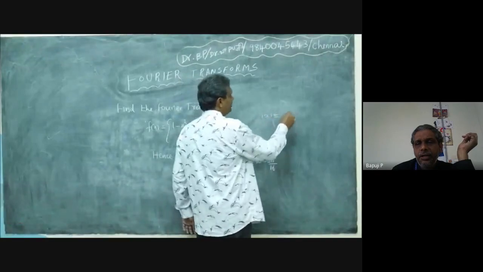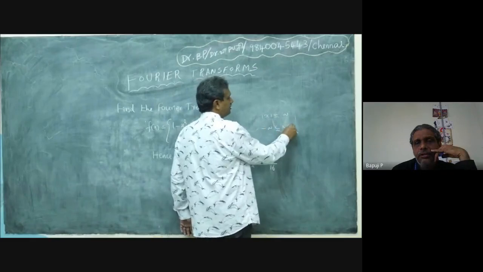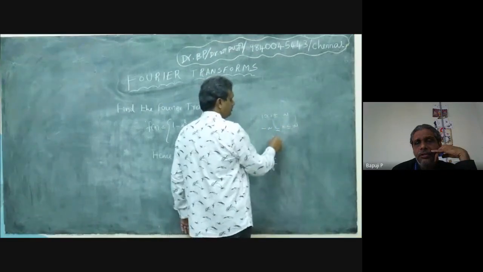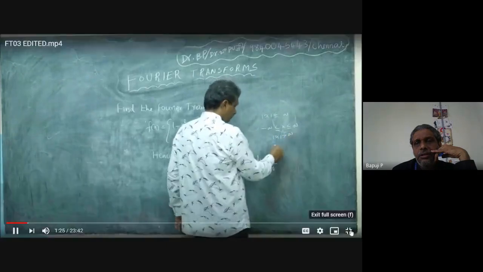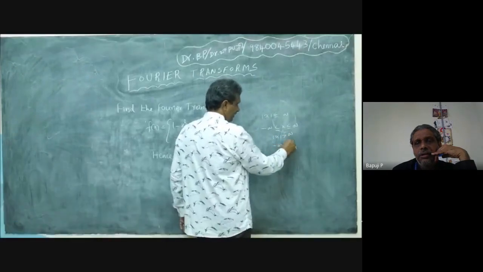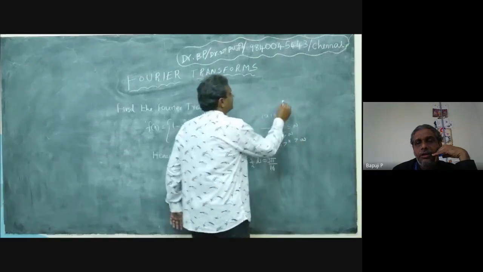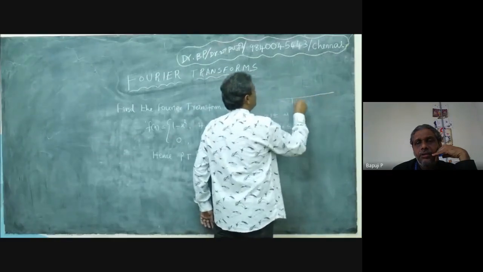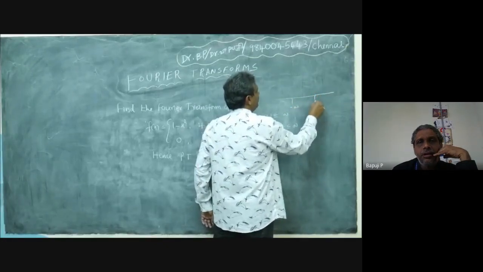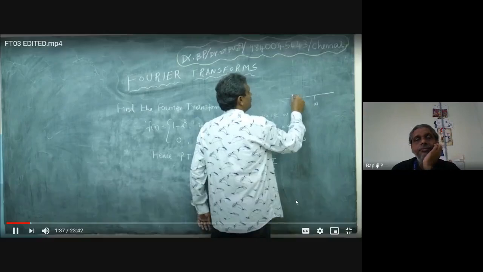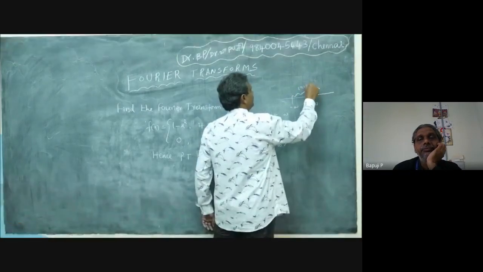Mod x less than or equal to a means what is the meaning? My x lies between minus a less than or equal to x less than or equal to a. Suppose mod x greater than a, what is the meaning? Minus a greater than x, x greater than a. So, mod x less than or equal to a means you can take minus a to a. My function will lie here.